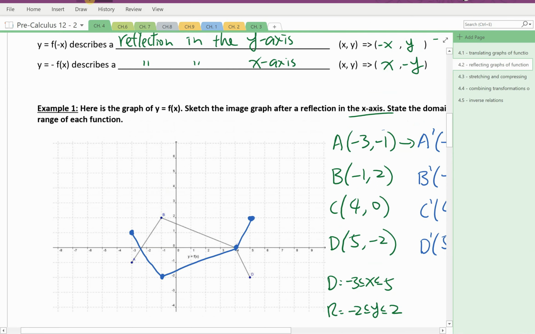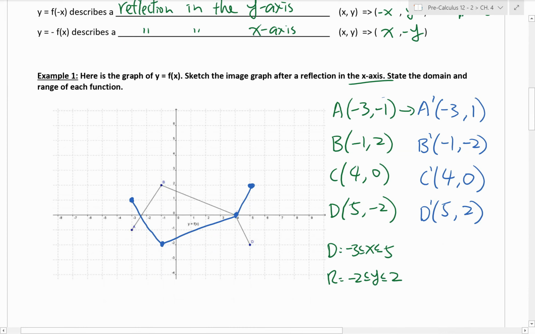Now we can see from the graph that the domain remains the same. And actually the range also remains the same. Now this doesn't always happen. In fact, it does not happen most of the time, right? It's pure luck. But they actually both remain the same in this case.